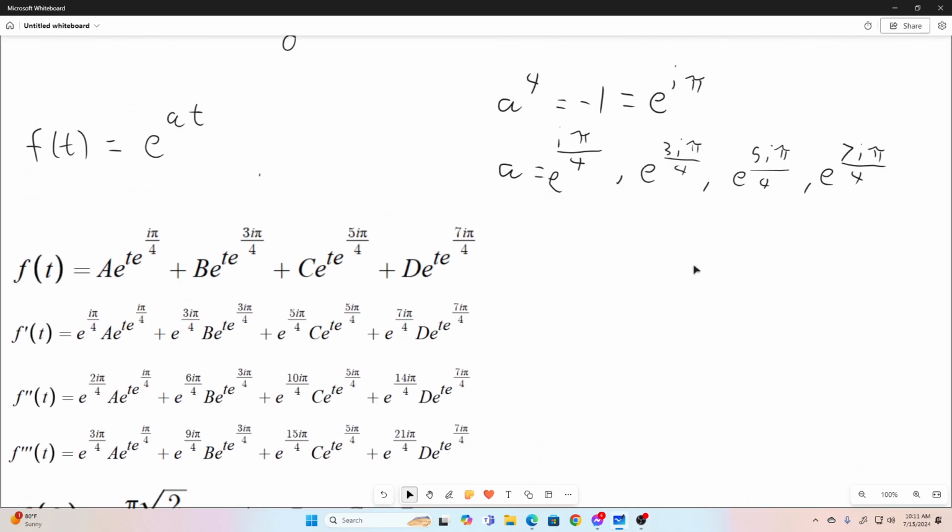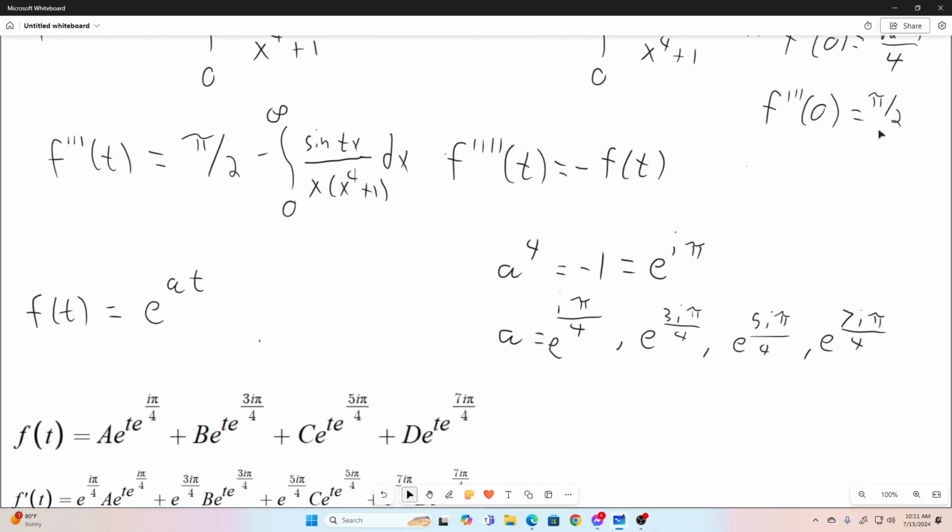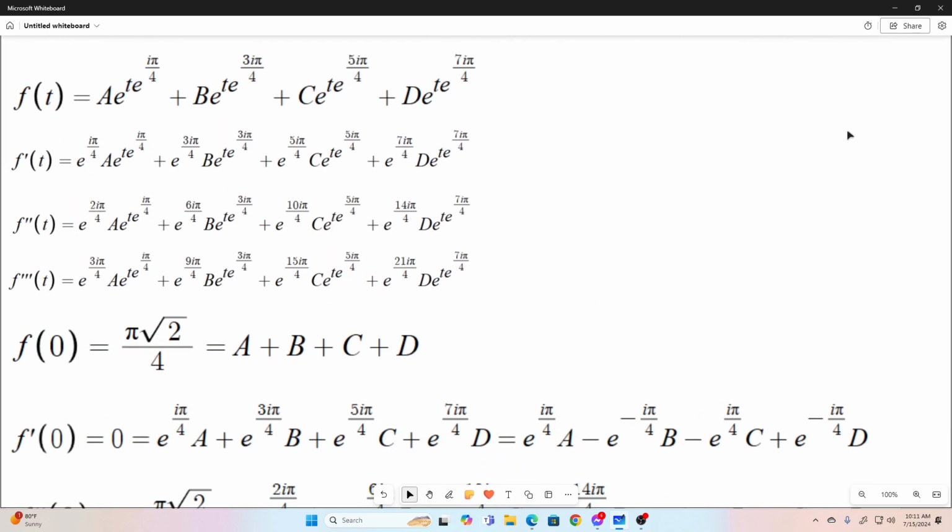We know that f of 0 is square root of 2 times pi over 4. So I took our function f of t, evaluated at the point 0, and set it equal to pi square root of 2 over 4. And this is what you get.